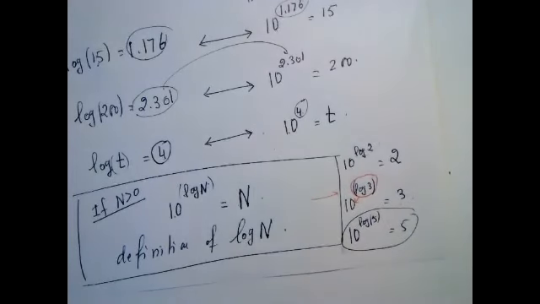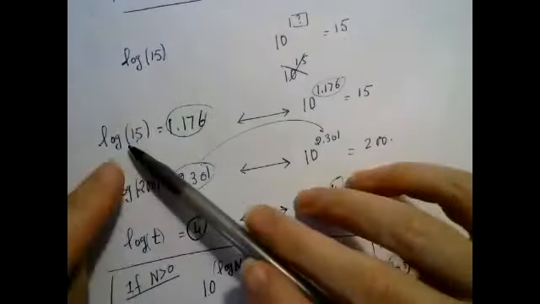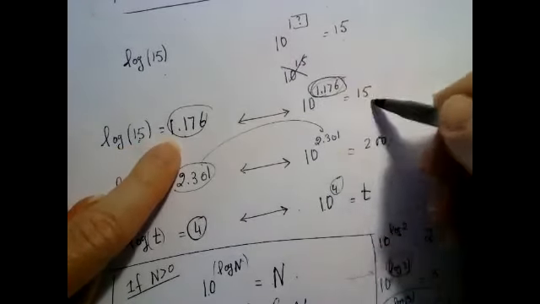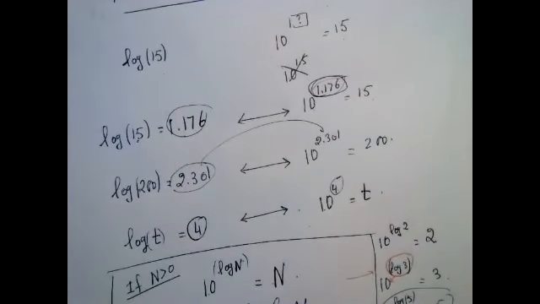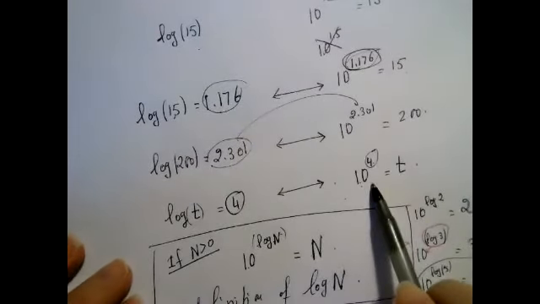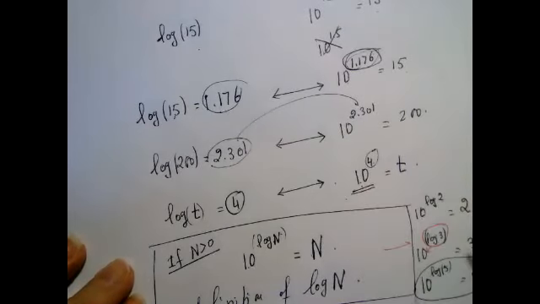So it's not an easy function. It's a hard function, because I am defining it as a power. I'm telling you the log of 15 is the power of 10 that gives me 15. That's really the difficulty in this function. The question would be, why did you take the power of 10? Why didn't you take another power?